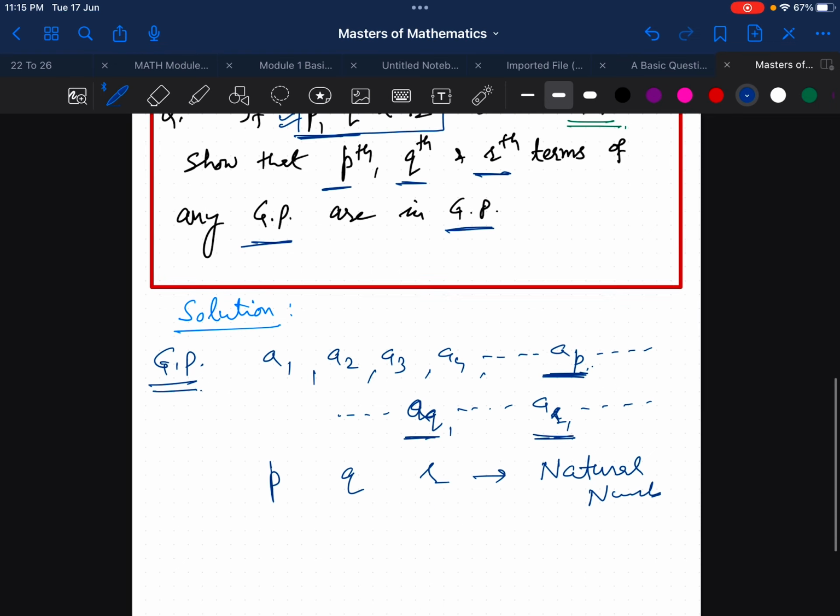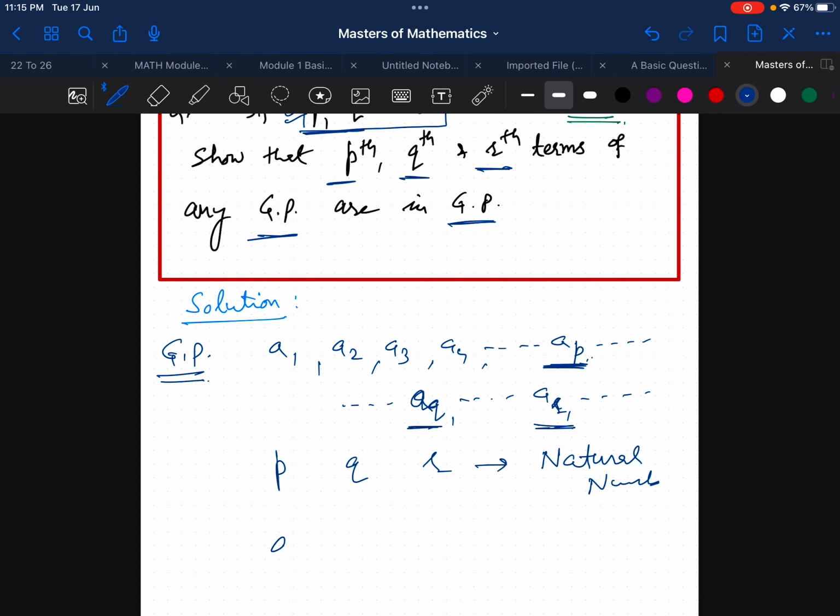So I have to show that the Pth, Qth and Rth terms are in GP, for any GP. So this is the meaning of the question.